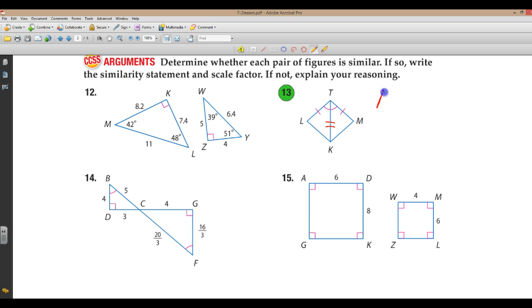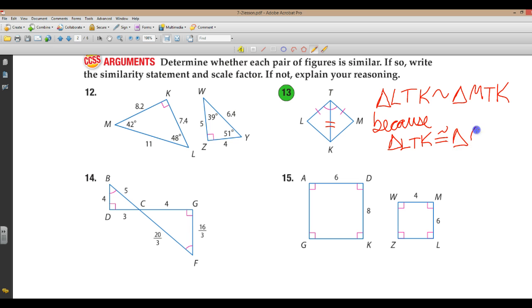So triangle LTK is similar to triangle MTK, and that is because triangle LTK is congruent to triangle MTK.